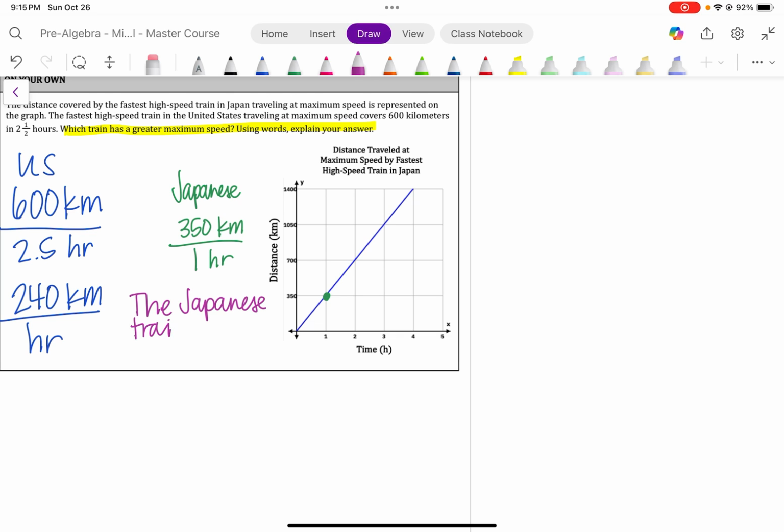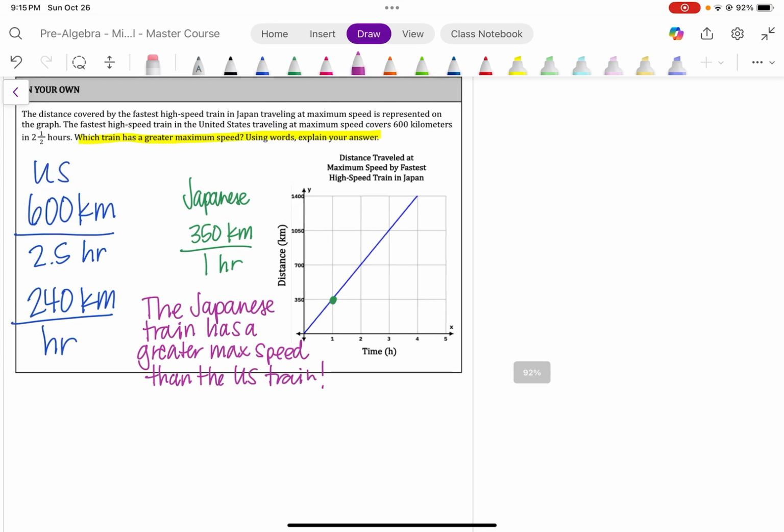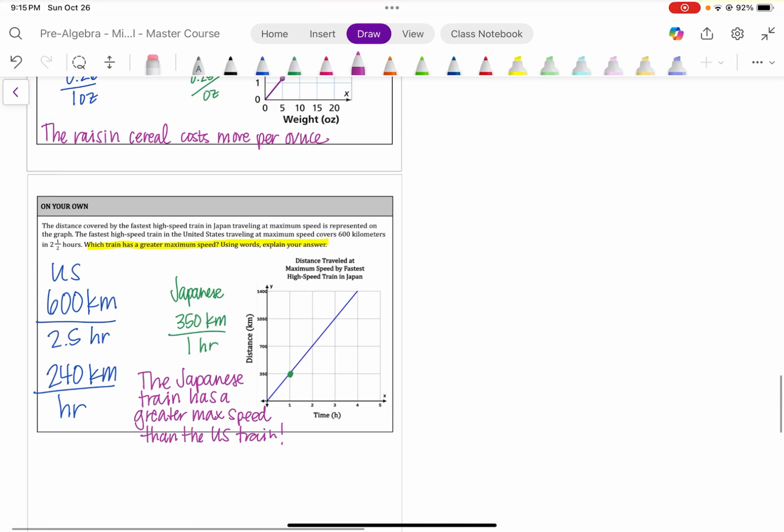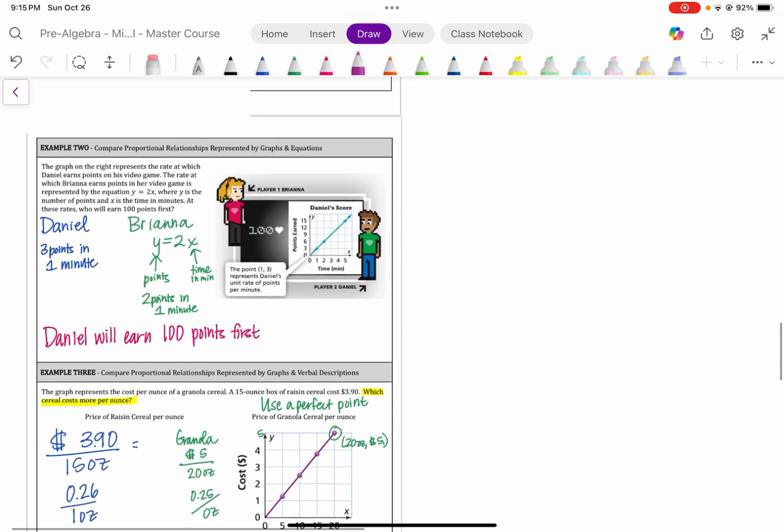So the Japanese train has a greater max speed than the U.S. train. Okay. All right. That's it for these notes.